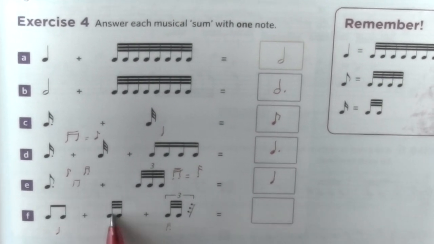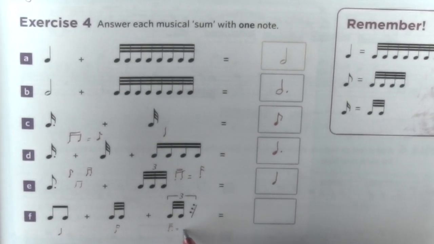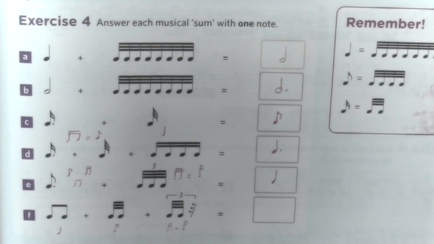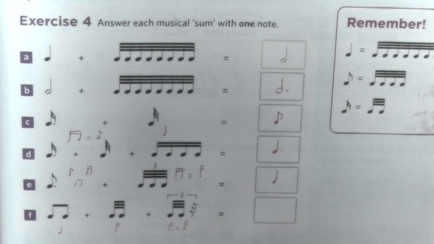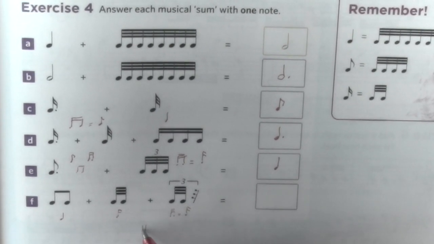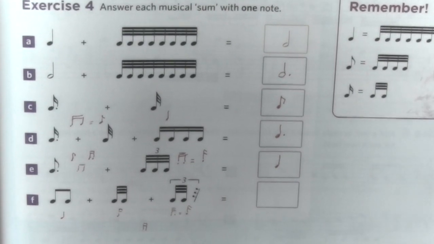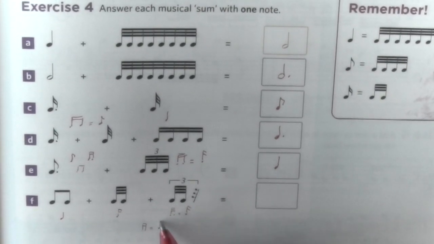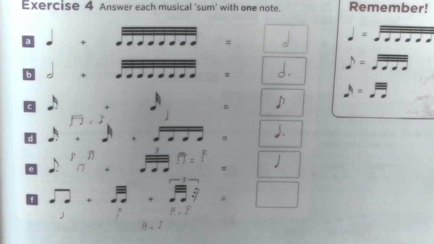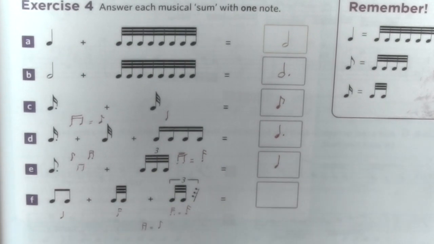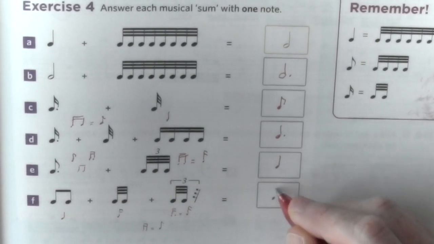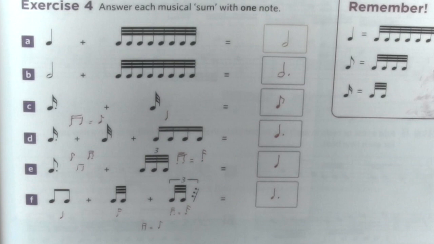And here this is the same, so another semiquaver. Now one crotchet plus two semiquavers, which is equal to one quaver. We have one crotchet and one quaver. This is a quaver. So a dotted crotchet.